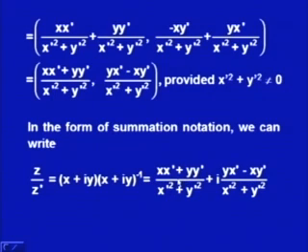Then we can write this as equal to x x dash plus y y dash divided by x dash square plus y dash square plus i into y x dash minus x y dash divided by x dash square plus y dash square. So, this is the complex number that we have.